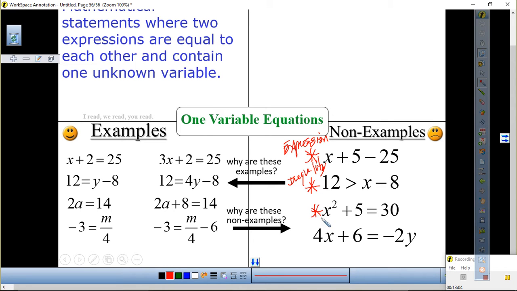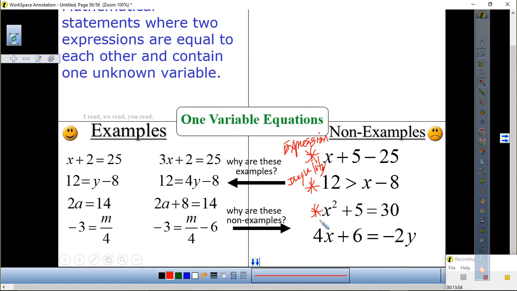Why is this not a one variable equation? Technically, I would say yes to that answer, but let's see if we can elaborate again.